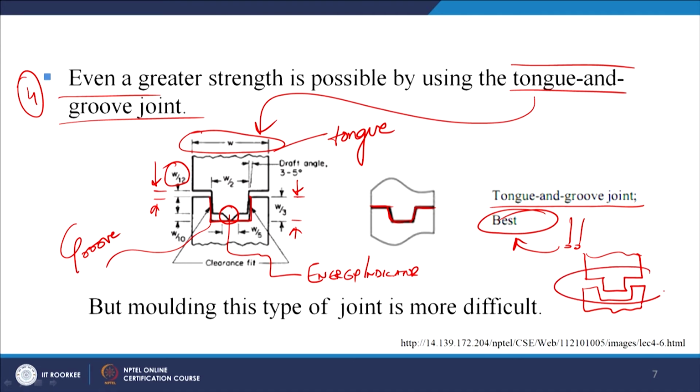So, molding of these parts may be slightly difficult in comparison to molding straight surfaces. But maybe with a little difficulty, if we can optimize this process or design, we can very easily get very high joint strength using the tongue and groove type of joint.